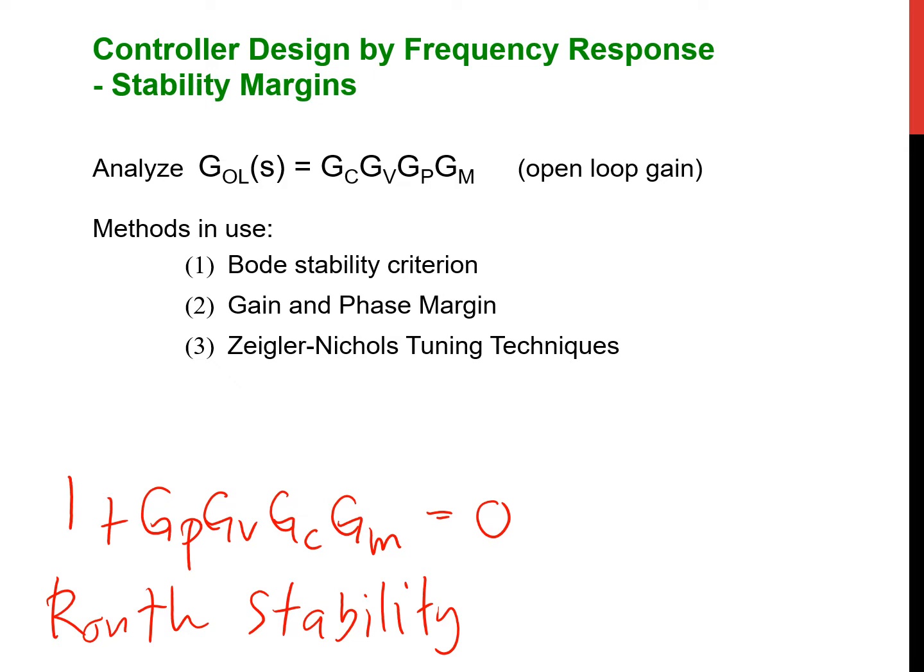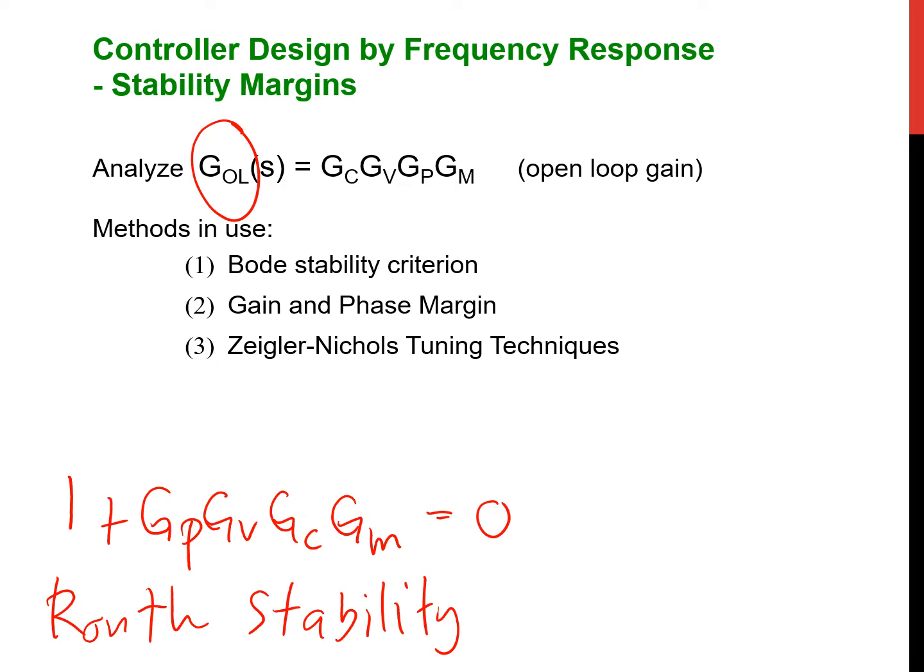For the frequency response, we involve the input in the form of sinusoidal, the sine wave. So how can the stability be evaluated? In this case, we analyze based on the GOL. GOL stands for the transfer function for the open loop. OL is the open loop. Usually the GOL equals GC multiplied by GV multiplied by GP multiplied by GM.